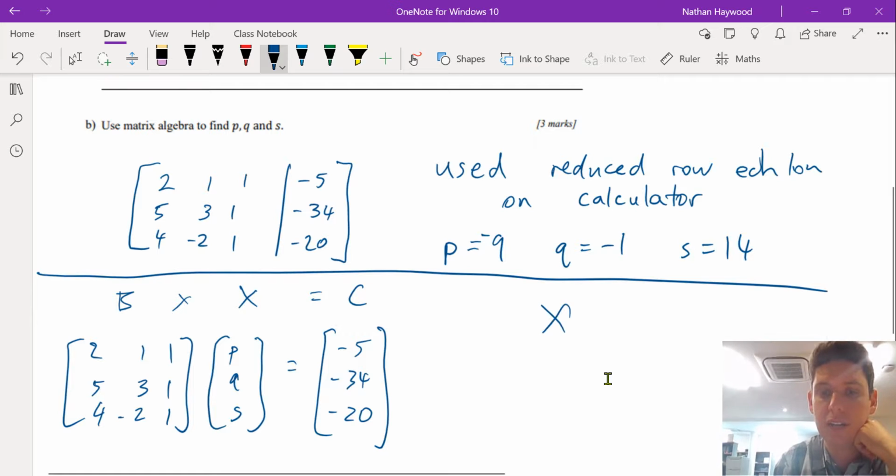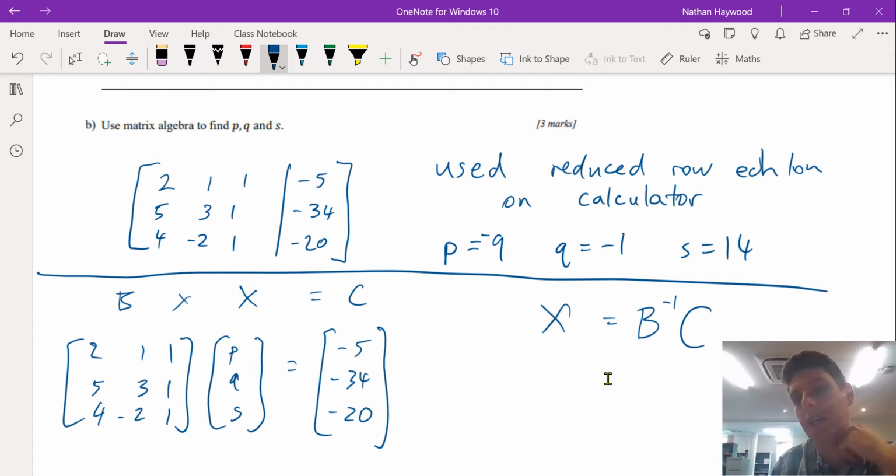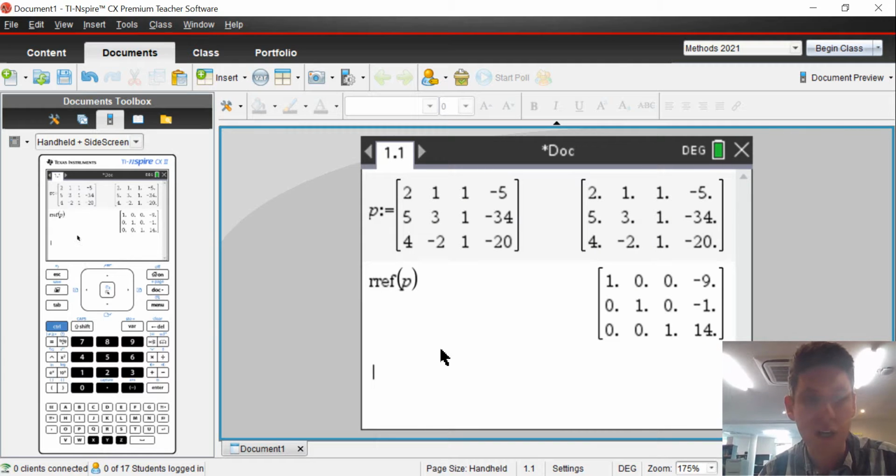So you get x equals inverse of B, very important, it's on the left side of C. Inverse of B times C. And that will give you your x, or your P, Q, and S solutions. So let's try it.